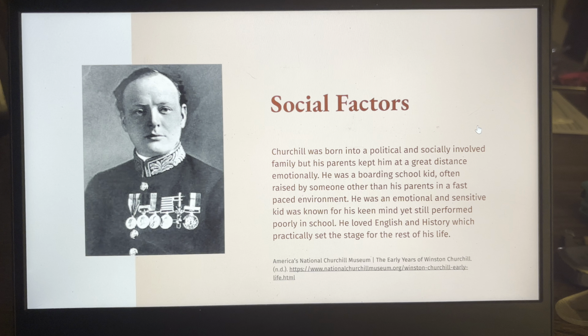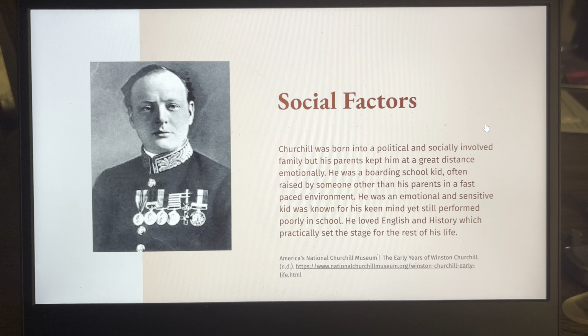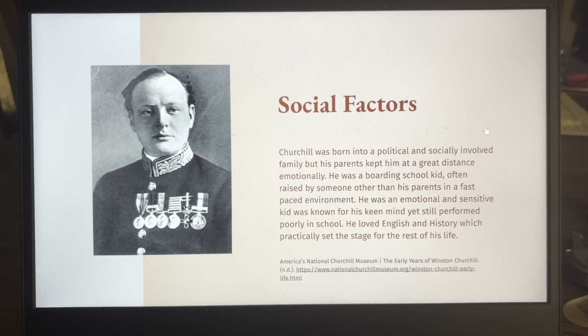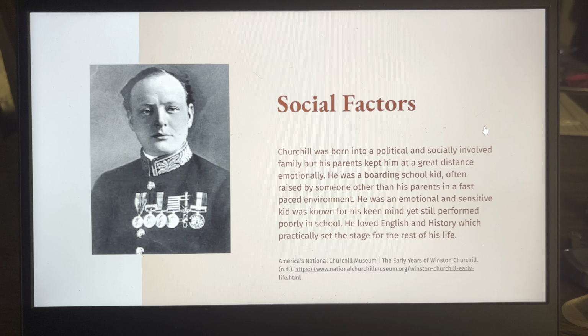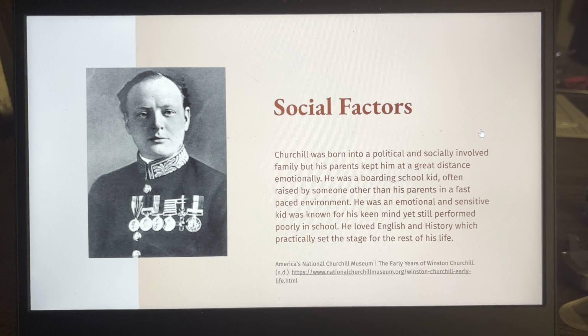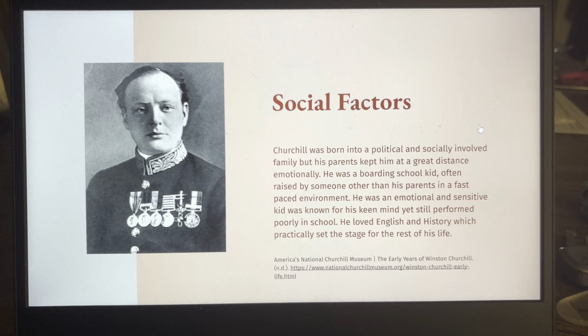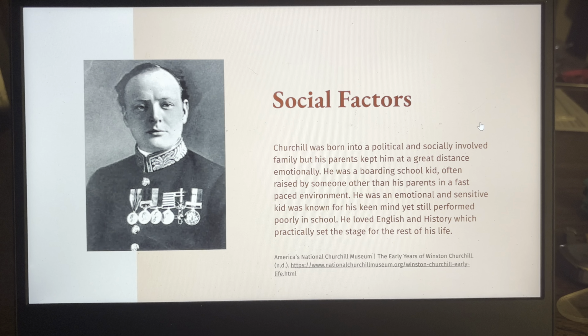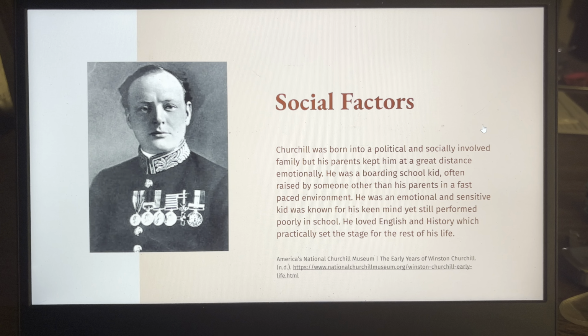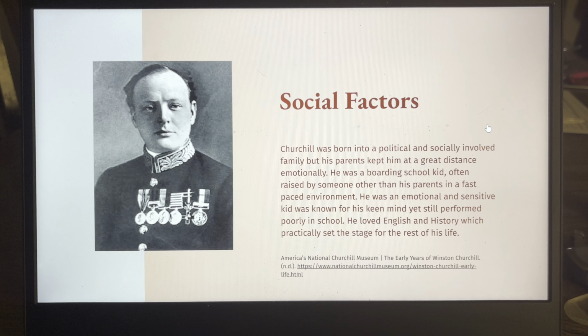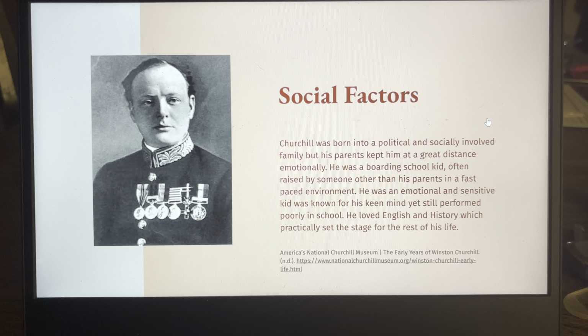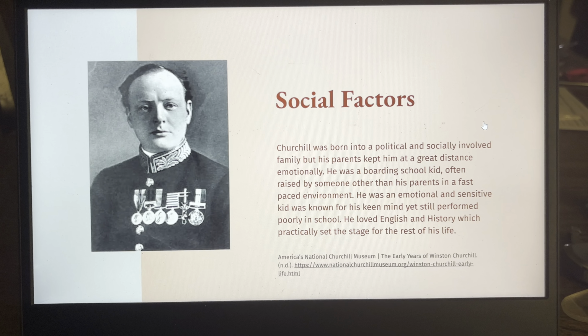He was known for his sensitivity. He was known for being very keen, yet he still performed very poorly in school. He loved English and he loved history, which I thought was really cool to come across because it practically sets up the tone for who he becomes as a person and the type of role he plays throughout his life and his career.